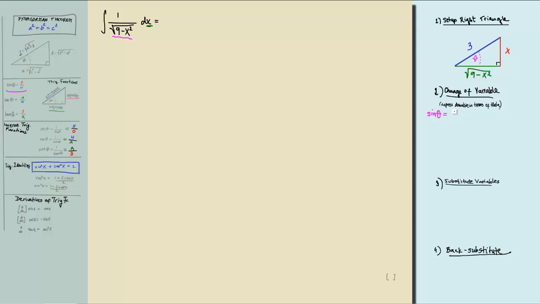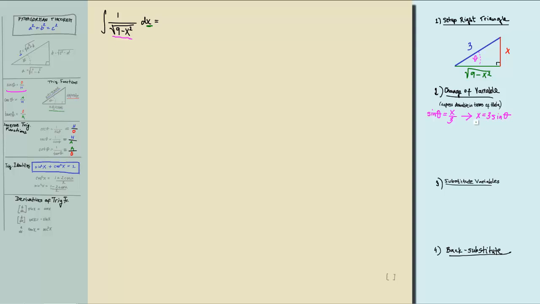So in this case, it's x divided by 3. Since we need our dx, which is the derivative of x, we first need to get x by itself. So from this it follows that x equals 3 times sine theta.